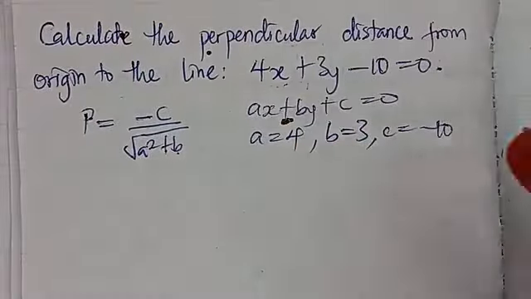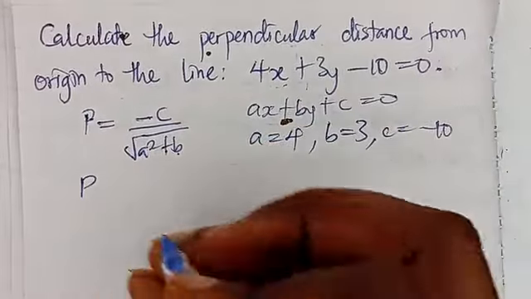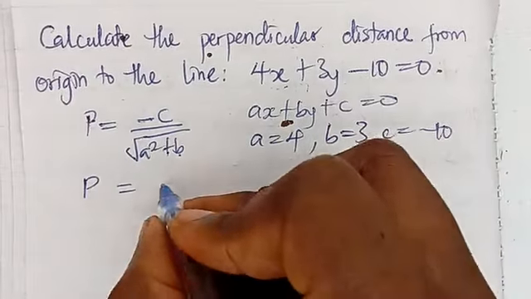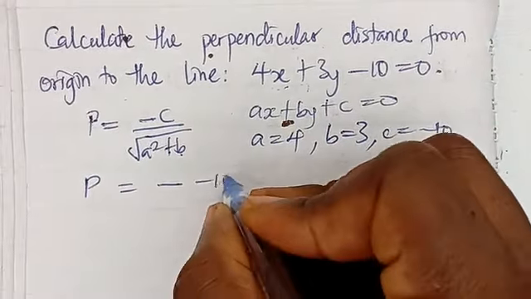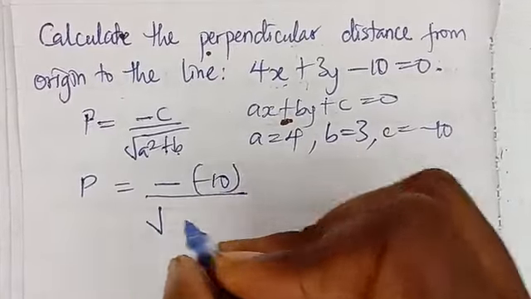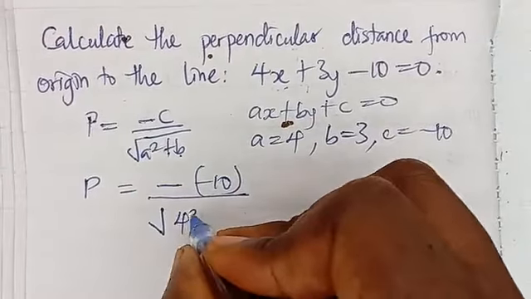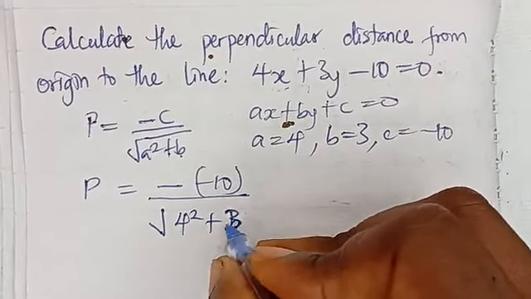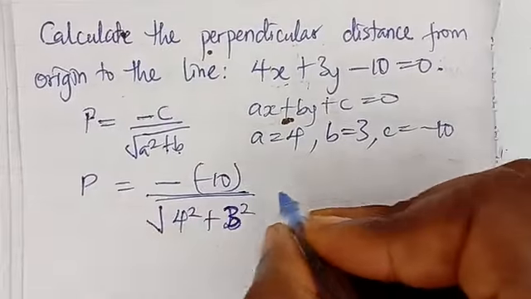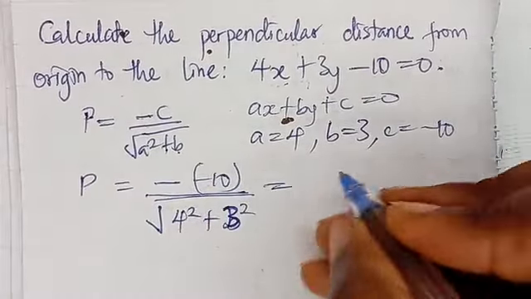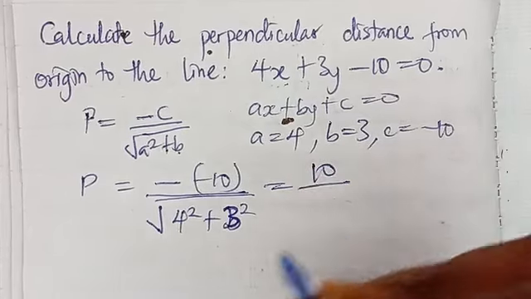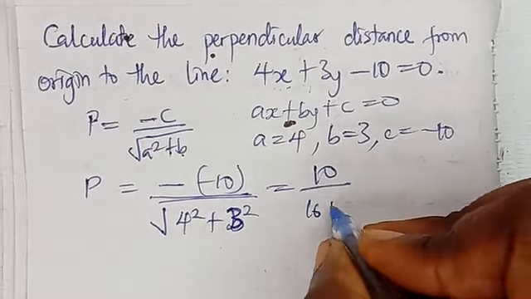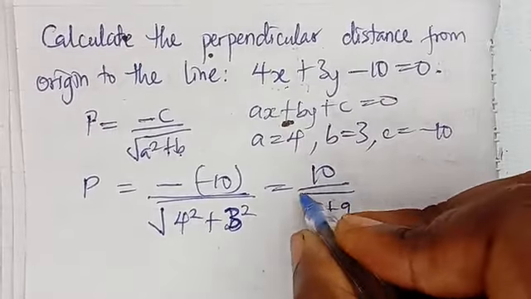Right? We substitute. So that perpendicular distance is equal to negative c, that is minus, and c is minus 10, over the square root of a squared, that is 4 squared, plus b squared, which is 3 squared, okay, is equal to minus minus 10 is giving us a plus 10. 4 squared is 16, 3 squared is 9.